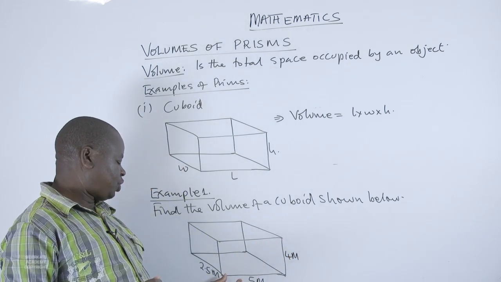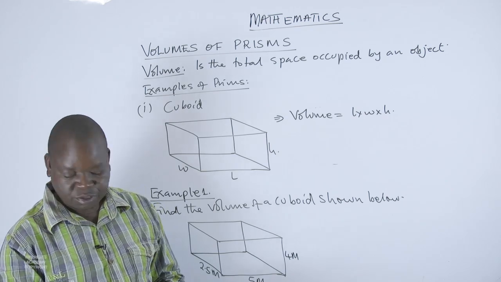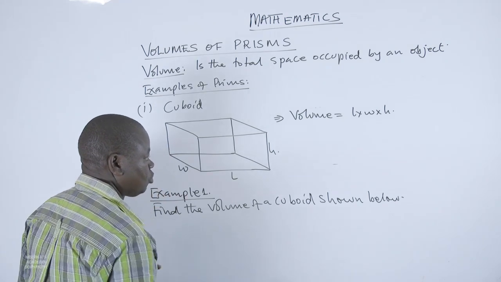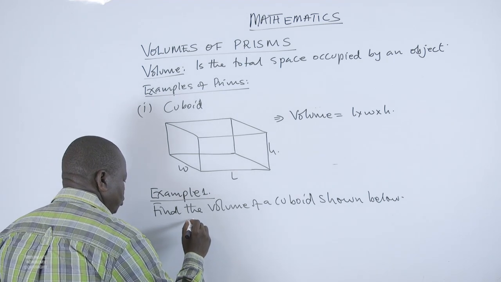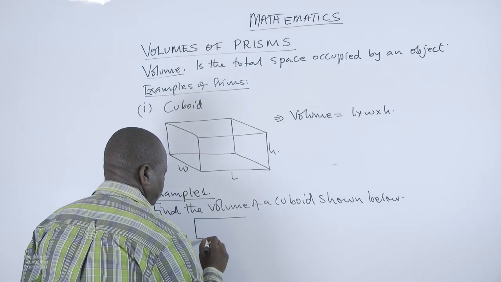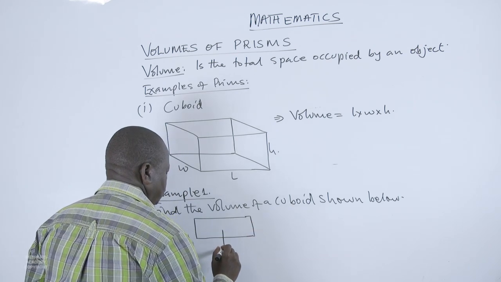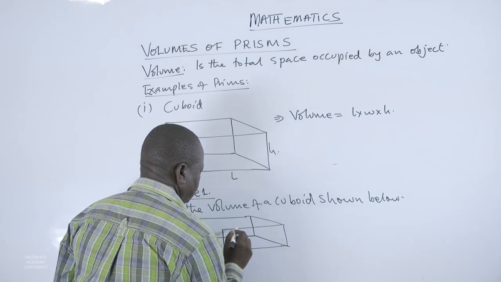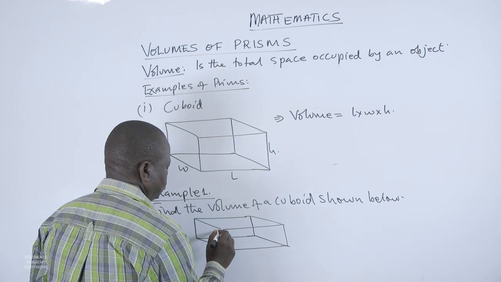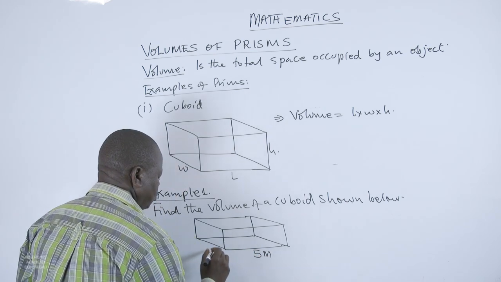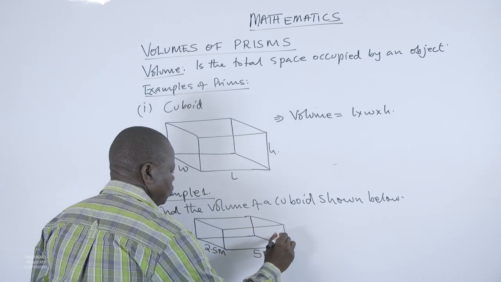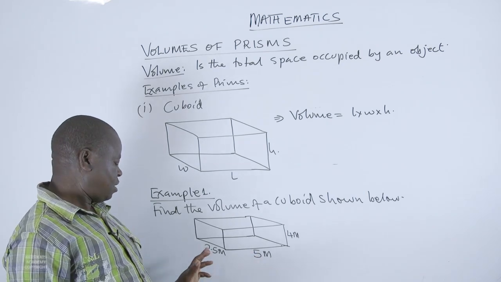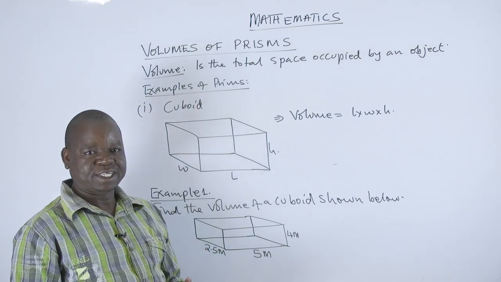We have the dimensions of the cuboid as 5 meters as length, 2.5 meters as width, and 4 meters as height.